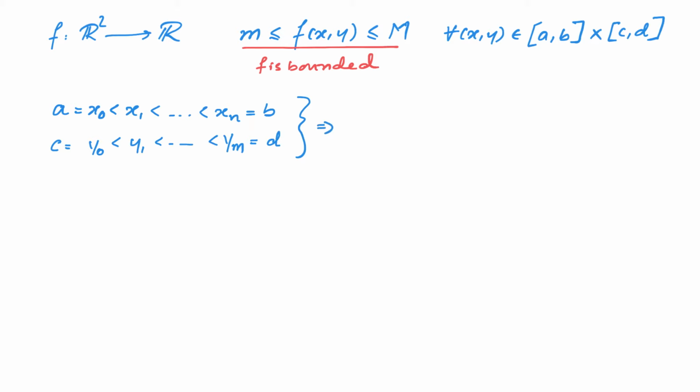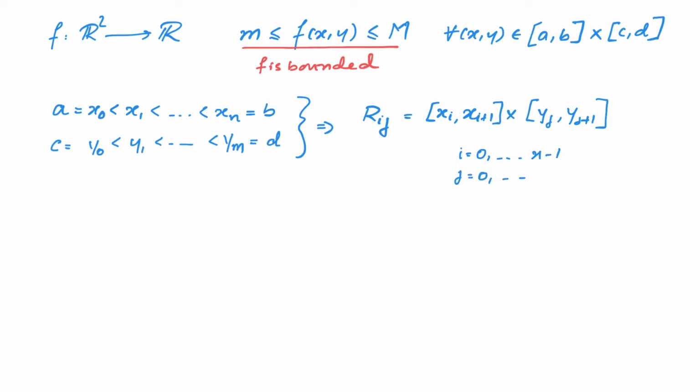More precisely, we will take one of the subintervals of [a,b] and a subinterval of [c,d] and take the Cartesian product of these two subintervals. This will give you a rectangle. And all these rectangles are subrectangles, or subsets, of the original rectangle. And the collection of these rectangles forms a partition of the original rectangle [a,b] × [c,d].